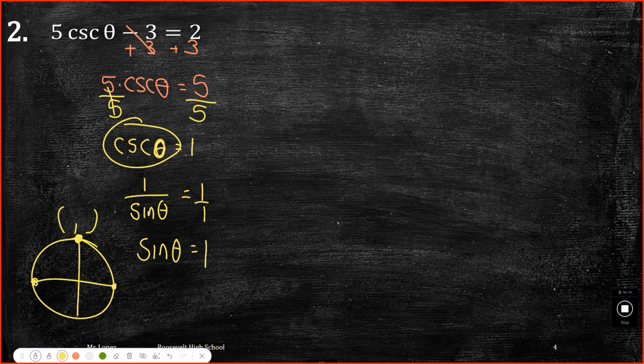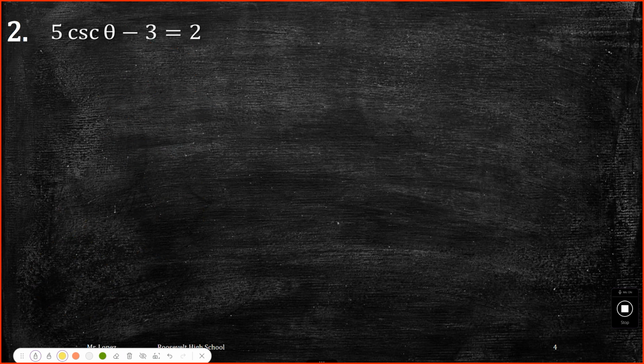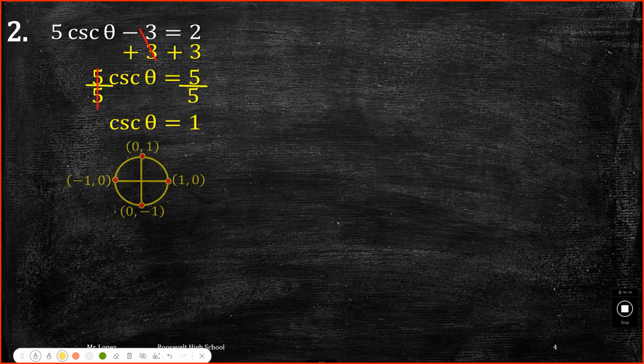And isn't it sine here? So the answer is only what? What is this angle? Pi by what? Pi by 2. Thank you. So pi by 2 seems to be the only answer here. It has to be the only answer.